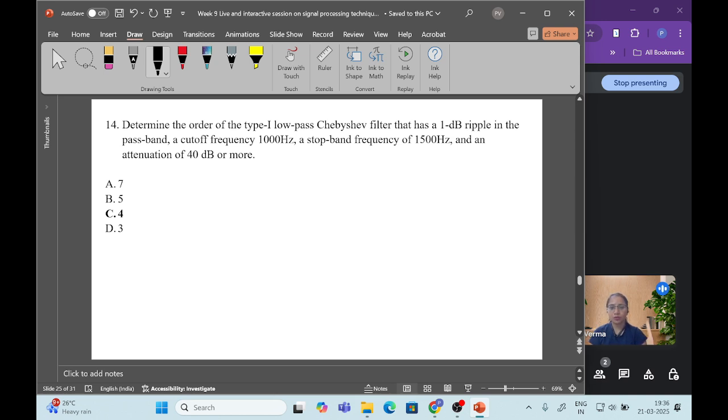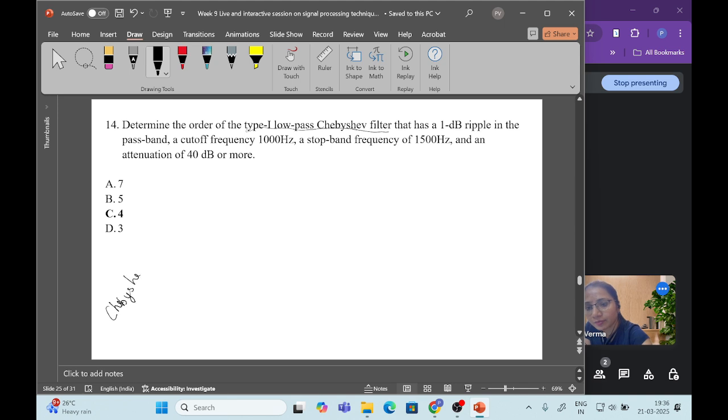So the values are given: cutoff frequency, stop band frequency, and attenuation in the pass band and stop band. From here we can directly calculate the value of E. So it is a type 1 low pass Chebyshev filter. What is the formula for type 1 Chebyshev filter?